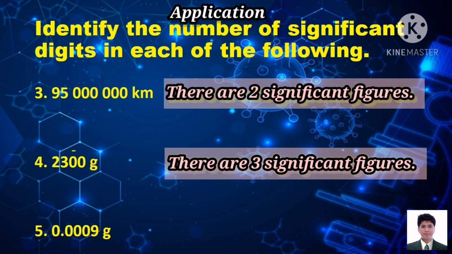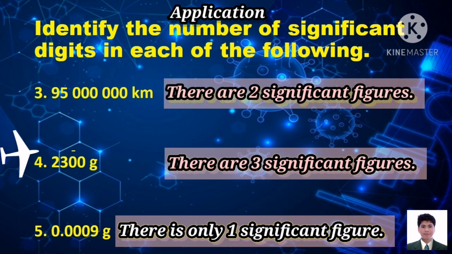In number 5, how many significant figures are there in 0.009 grams? So learners, what is your answer? Brilliant! The correct answer, there is only 1 significant figure.